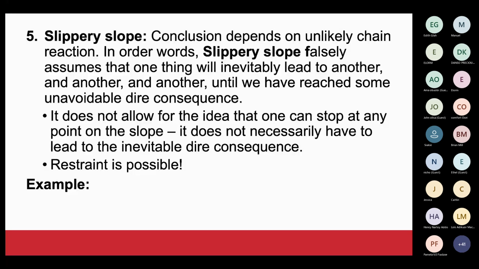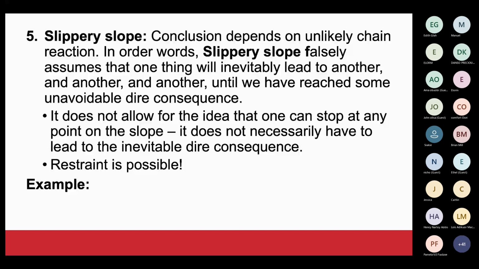So let's say you have a chain of reaction. You drop a pen, the pen drops, hits something, something else happens, something else happens, something else happens. In that chain of events, it will not stop until something more dangerous happens. Okay, so that form of argument is referred to as slippery slope.